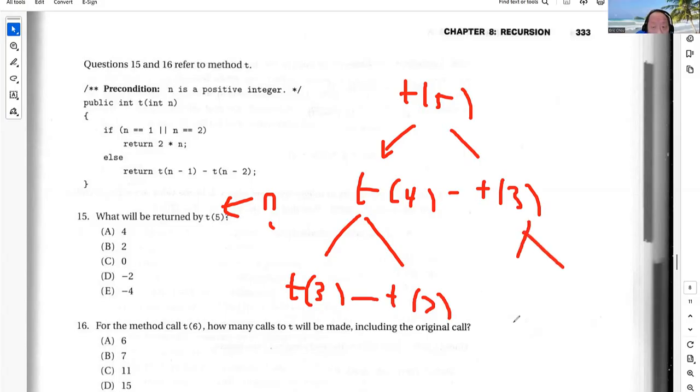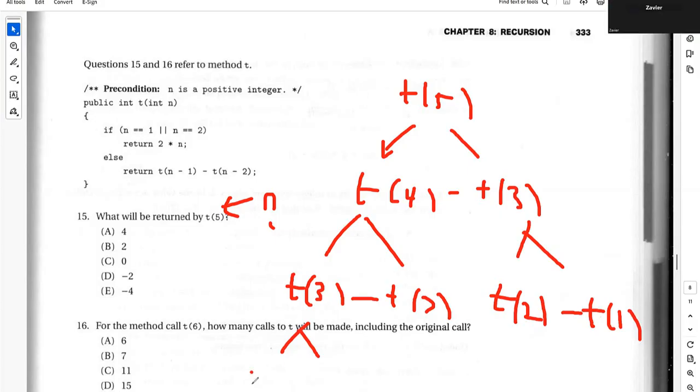About t of 3, t of 2 minus t of 1. So what is the result? That's 2.